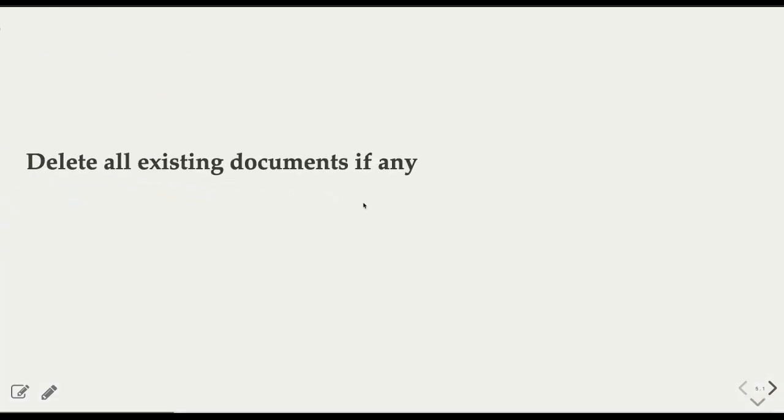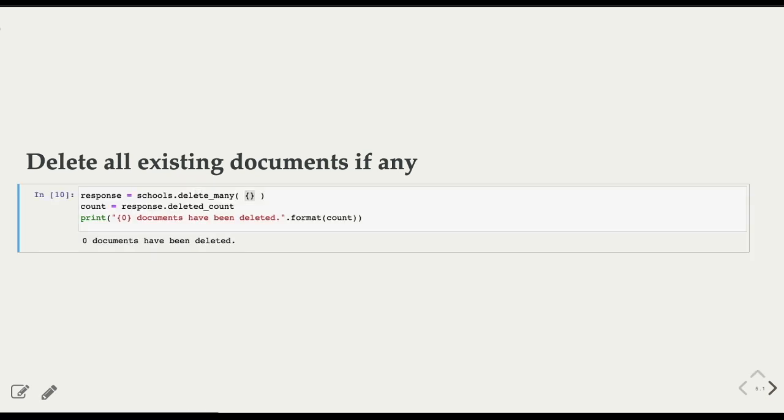Now, just to make sure we have an empty collection, we first want to delete all documents in the schools collection. So what we do first is point to the schools variable dot delete_many using this particular statement to delete documents. Within this delete_many method, we provide a parameter with a pair of curly braces.